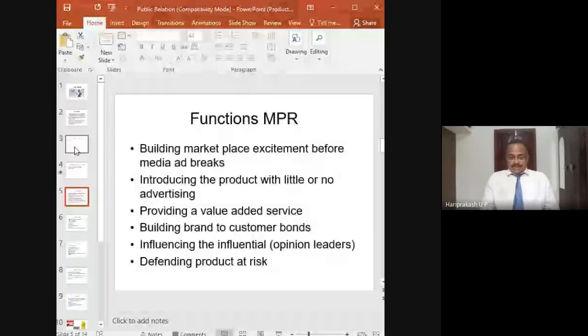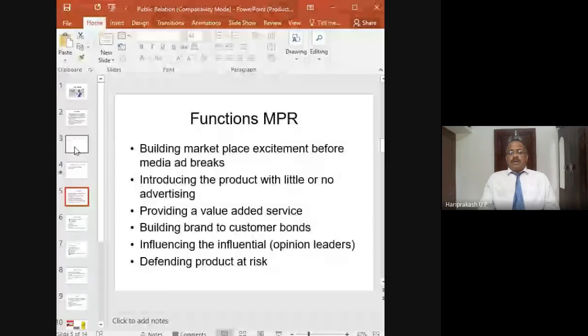If excitement is there, they will receive the ads properly. Otherwise, if you're just providing an advertisement along with some 100 other companies' advertisements, it may not be received. So you try to create good public relation publicity before the product comes.